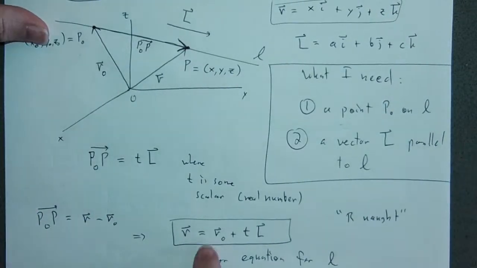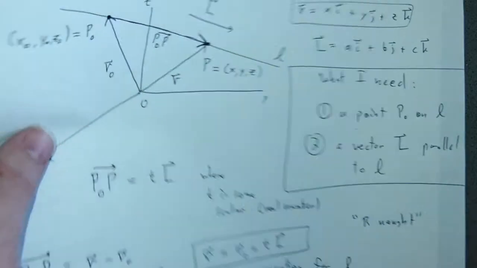Okay, so how can I use this to put my equation for a line in a slightly better form?